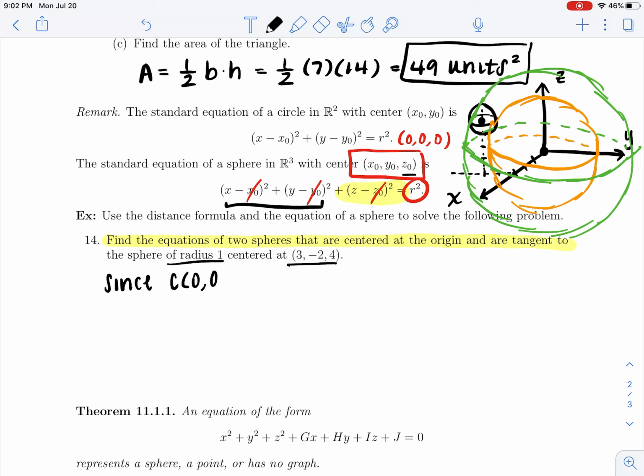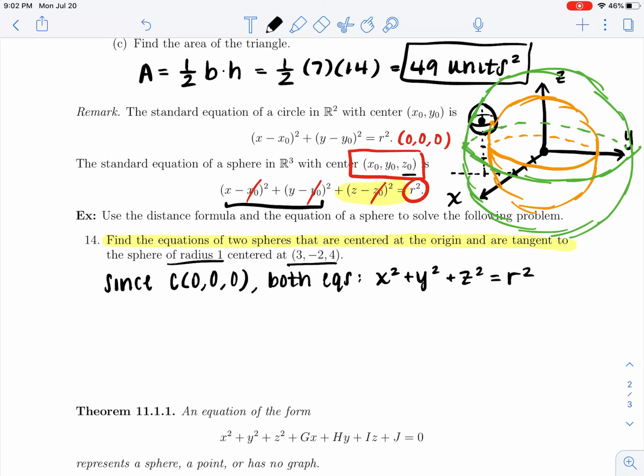Since the center is at 0, 0, 0, both equations are of the form x squared plus y squared plus z squared equals r squared. And we're just going to have two different radii for the green and the orange sphere.